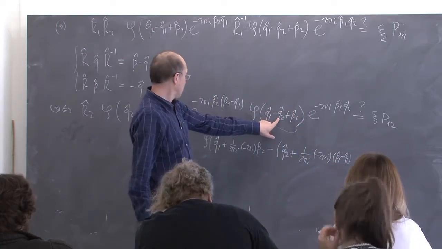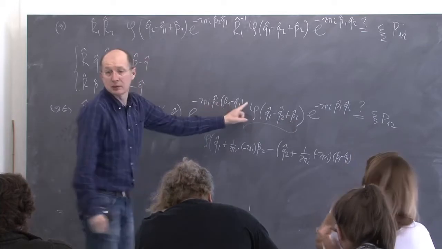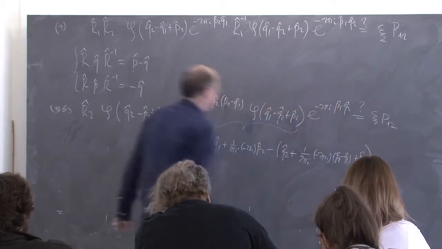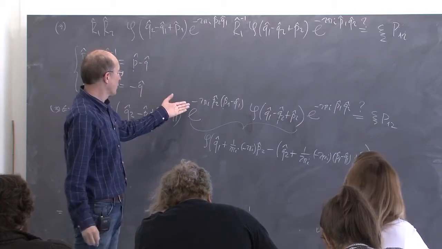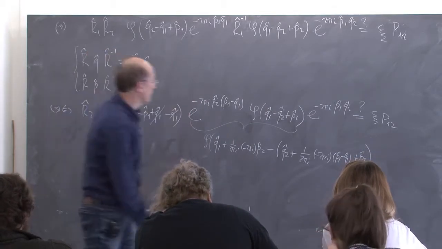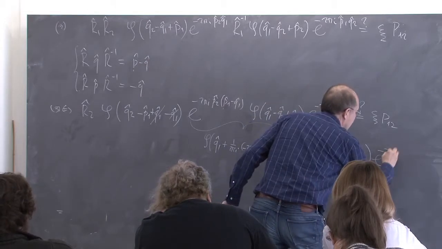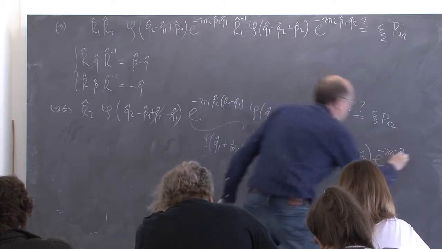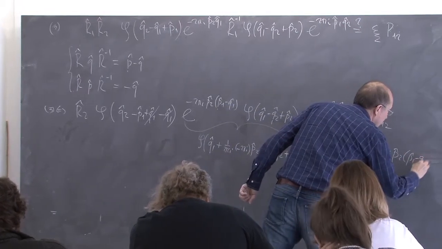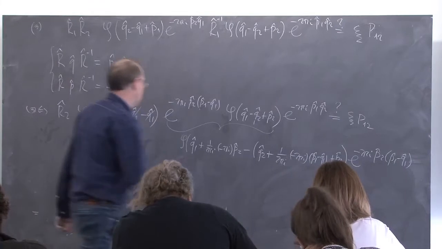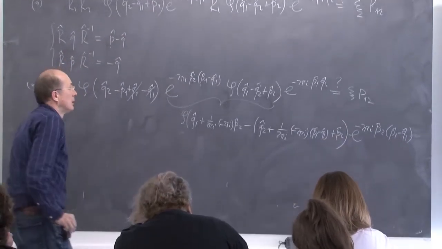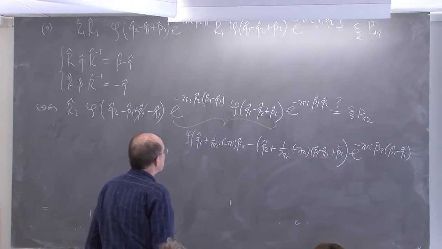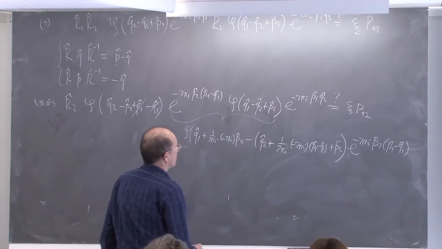That's the middle term, and P2 commutes, so it does not change, plus P2. And we put the exponential to the right-hand side, e to the minus 2 pi i, P2, P1 hat minus Q1 hat.